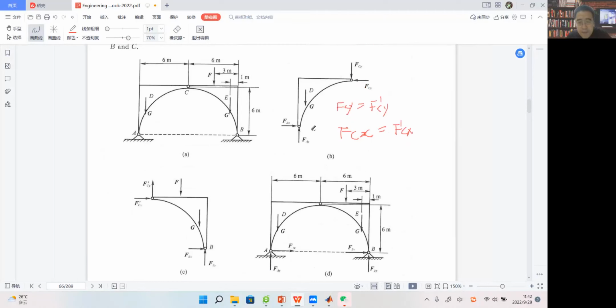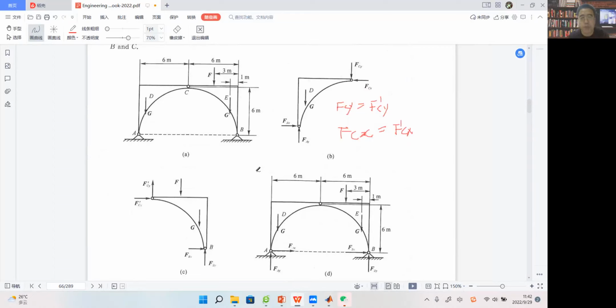So sometimes forces are exposed, and sometimes some forces are concealed because they are internal reactions between the two parts. They counterbalance, so we do not need to consider them. This is a quite important concept.